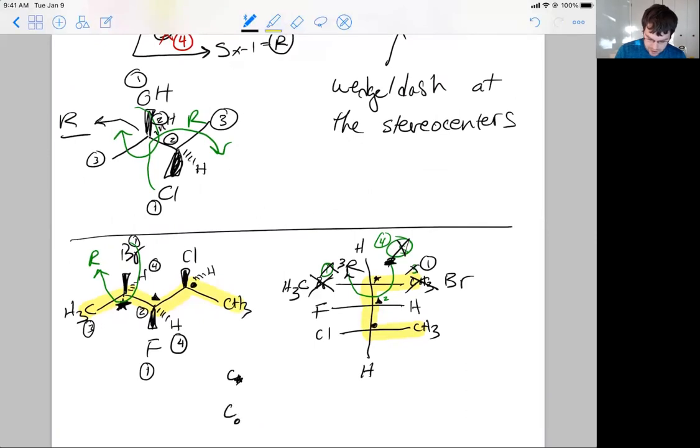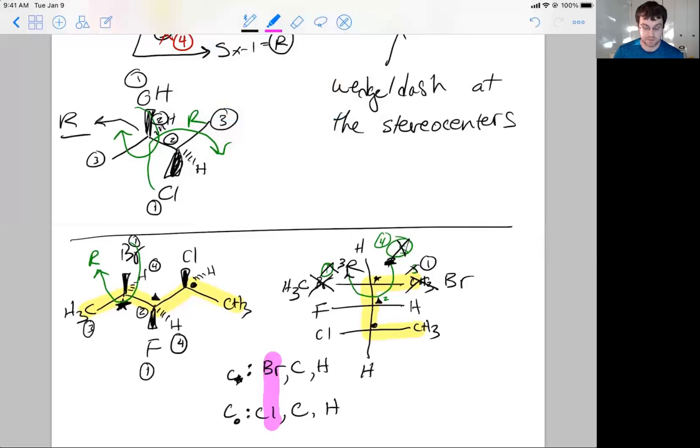So if I draw C star and C circle, I've got Br, then C, then H, versus Cl, then C, then H at C circle. So it's a comparison between the Br and the Cl that's going to allow us to see the difference between C star and C circle and how we prioritize them for these triangle stereocenter.